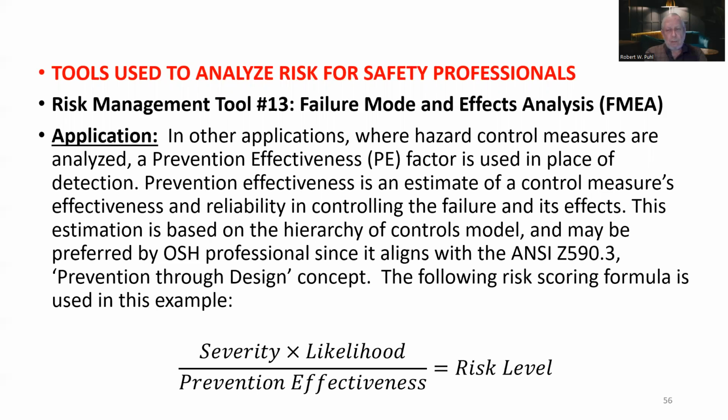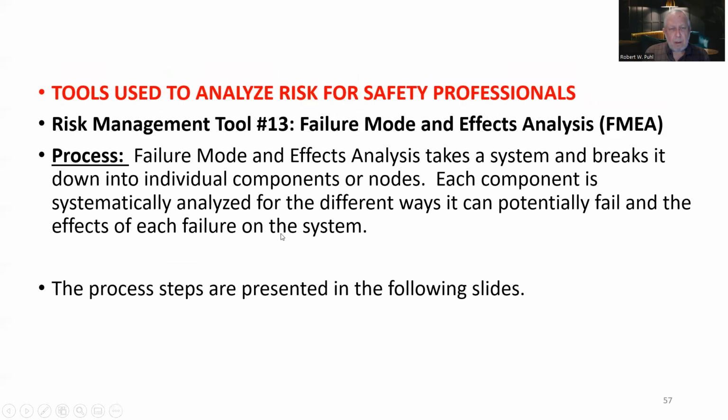The following risk scoring formula is used in this example. So severity times likelihood divided by prevention effectiveness equal the risk level. So there you go. That's another way to determine it. You're still taking the severity times likelihood, then you're dividing it by the prevention effectiveness. So I don't think they give us an example for that in here.